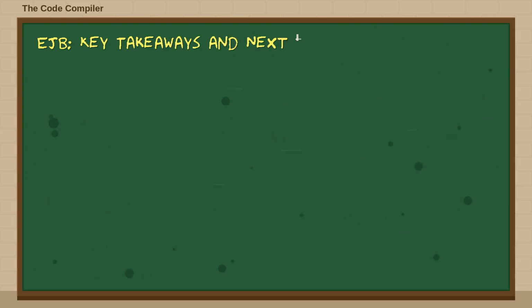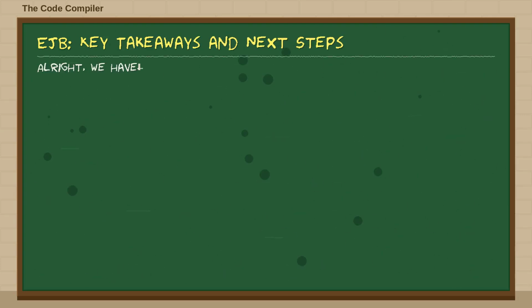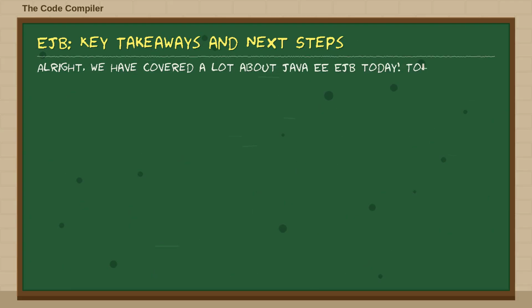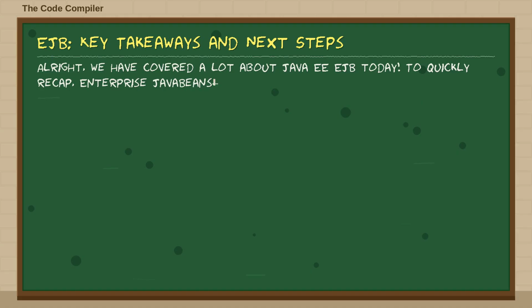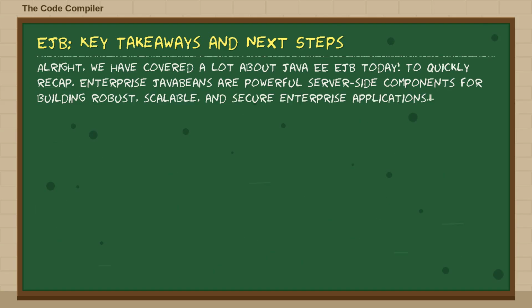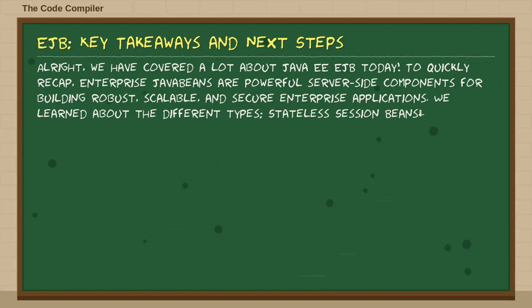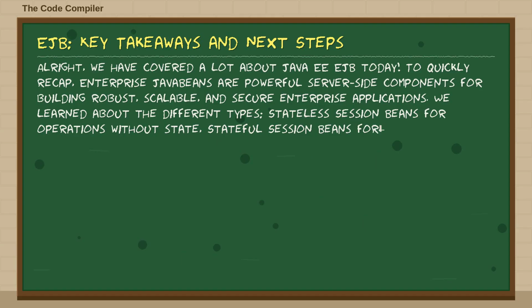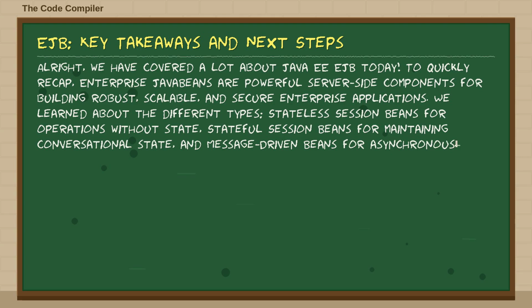Alright, we have covered a lot about Java EE EJB today. To quickly recap, Enterprise JavaBeans are powerful server-side components for building robust, scalable, and secure enterprise applications. We learned about the different types: stateless session beans for operations without state, stateful session beans for maintaining conversational state, and message-driven beans for asynchronous message processing.